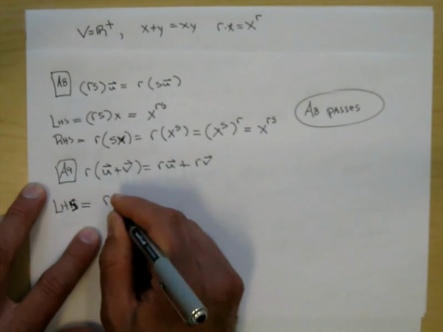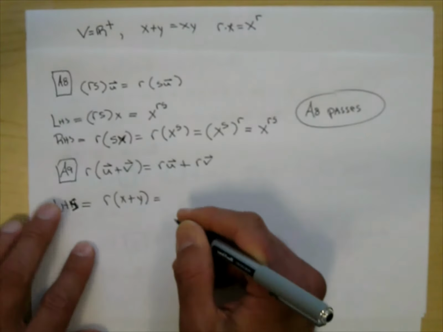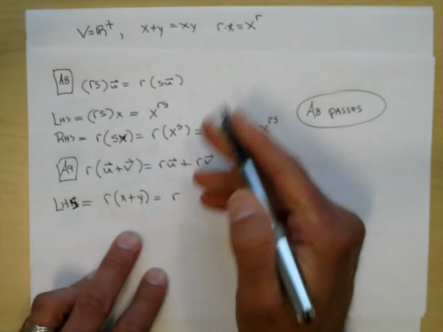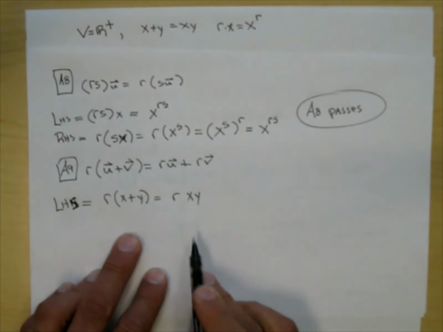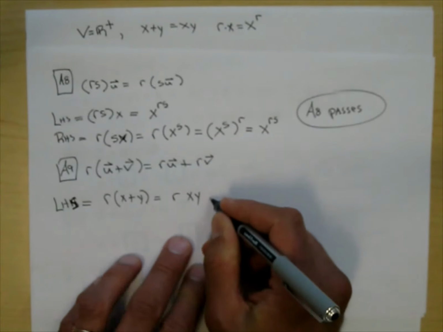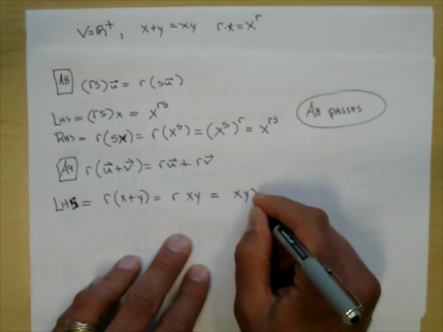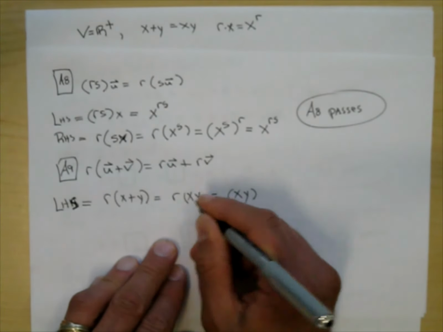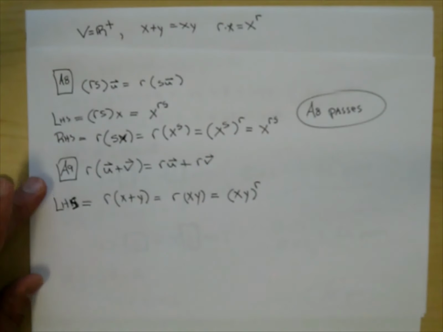We have R, and then we have X plus Y. Let's take care of our X plus Y. It is XY, which happens to be a positive real number. That's a vector there. And then we're going to do funky multiplication, which would say XY, we can put parentheses there if you want, to the R power.